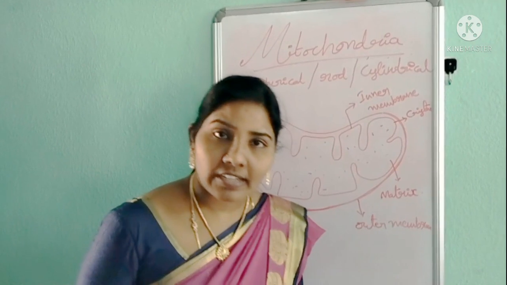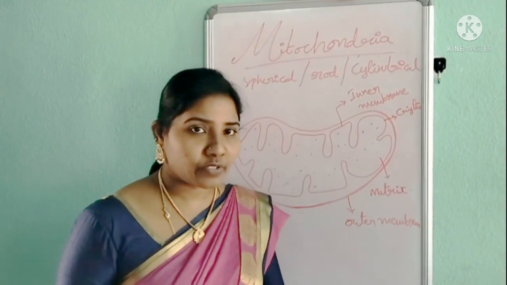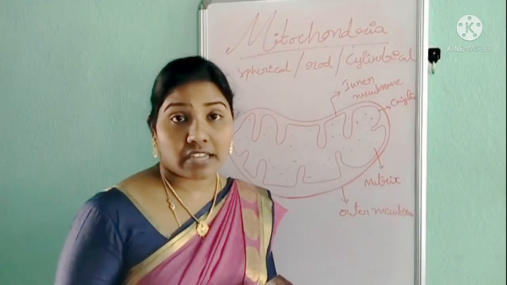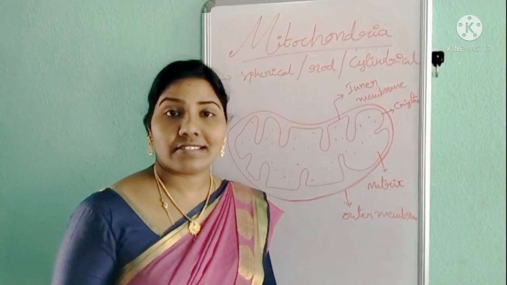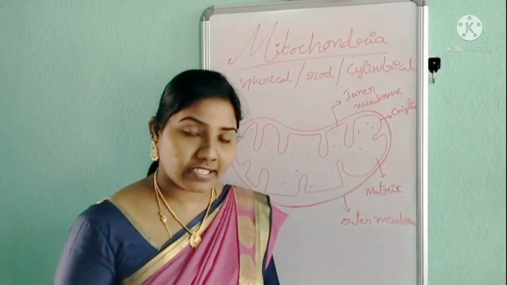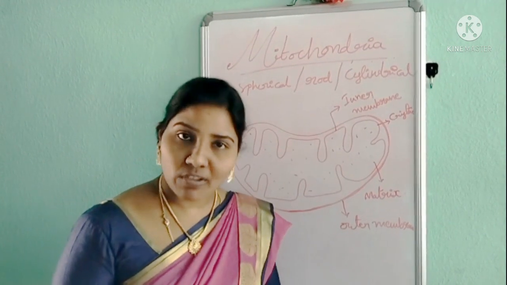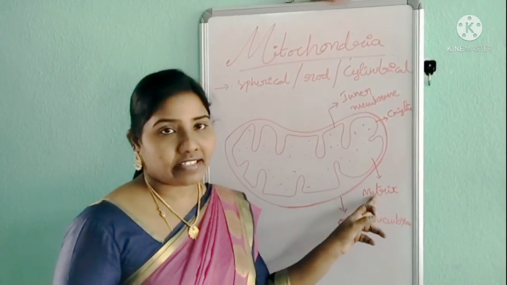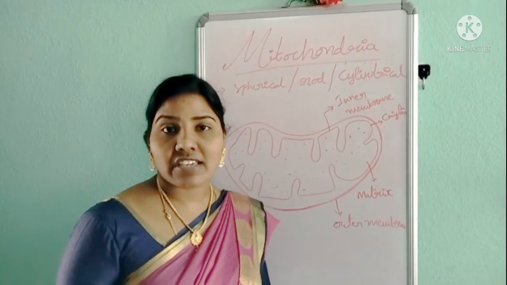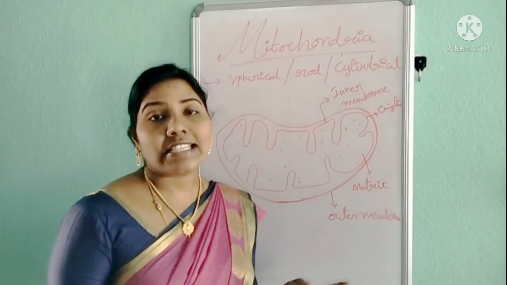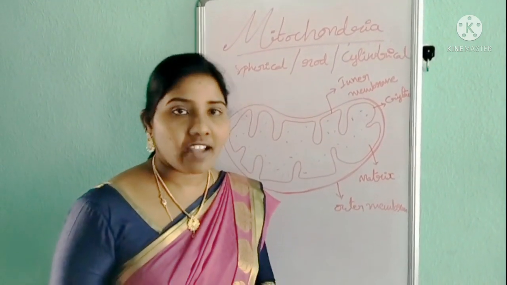Already we know that the mitochondria are the powerhouse of the cell. Why? Because energy, or ATP, is given to all cell activities. That whole process occurs in the matrix. The matrix has enzymes and is responsible for cellular respiration.